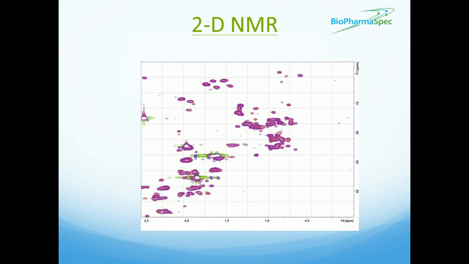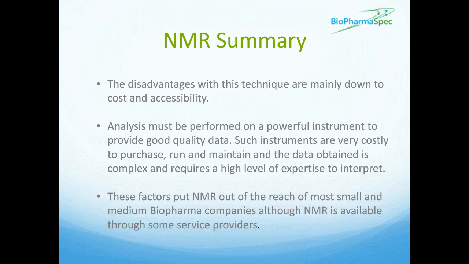Now, as I hope you can see, it's quite a complex set of spectra to analyze and look at, and the main disadvantages with this technique are certainly the cost of the instrumentation, its maintenance and accessibility.